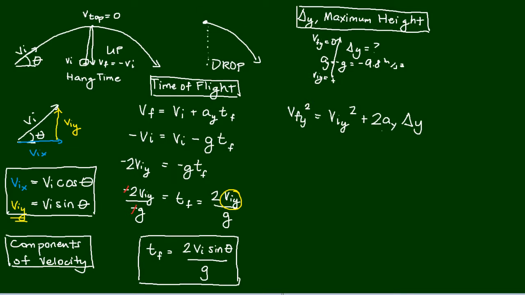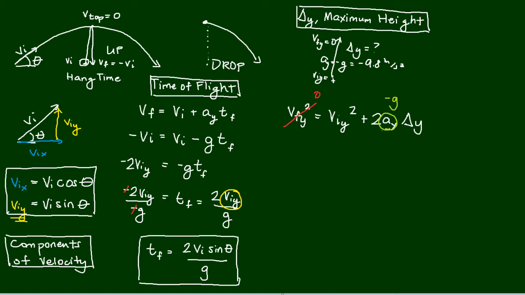Now, let's make some cancellations. We know at the top, Vf is equal to 0, so this cancels out. We also know that this ay, let me use a different color, is equal to negative g.